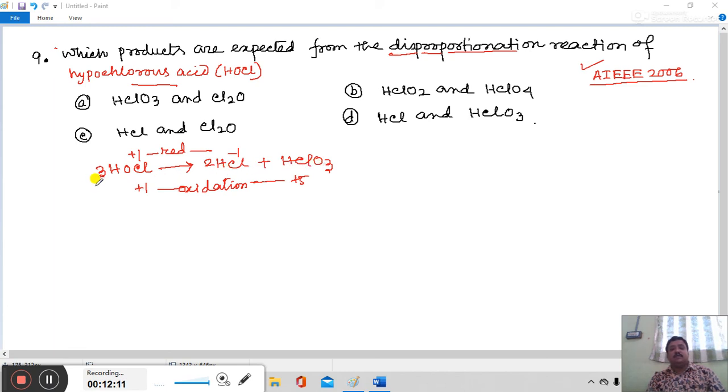The reaction is 3HOCl gives 2HCl plus HClO3, where the oxidation number of chlorine is reduced from +1 to -1 in HCl, and the oxidation number of chlorine is oxidized from +1 to +5 from HOCl to HClO3. So HOCl undergoes disproportionation to form HCl and HClO3. So option D is the correct one.